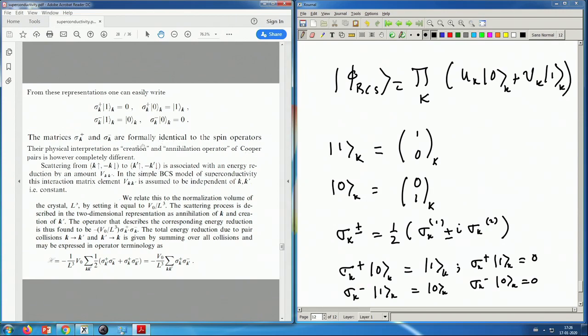So, they are formally identical to the spin operators. They are basically creation and annihilation operators of Cooper pairs. There, of course, the interpretation is very different. They are basically creation and annihilation operators for Cooper pairs, but they are formally identical to the spin operators that we have used many times.